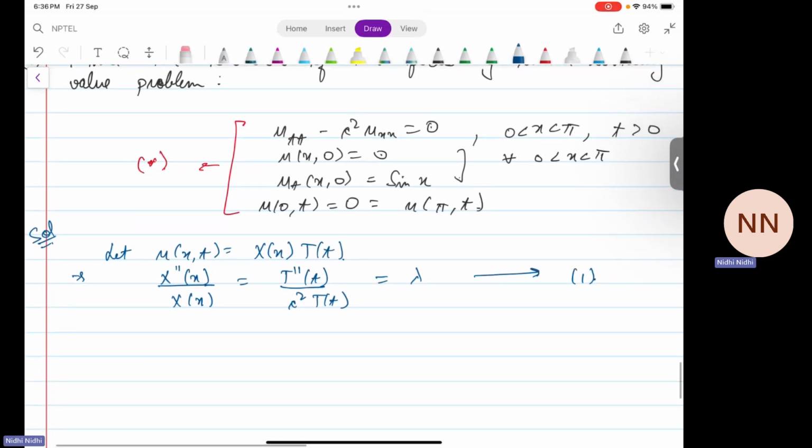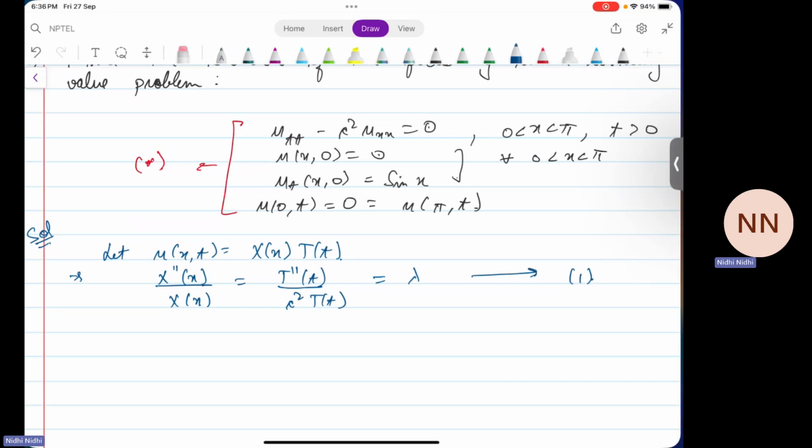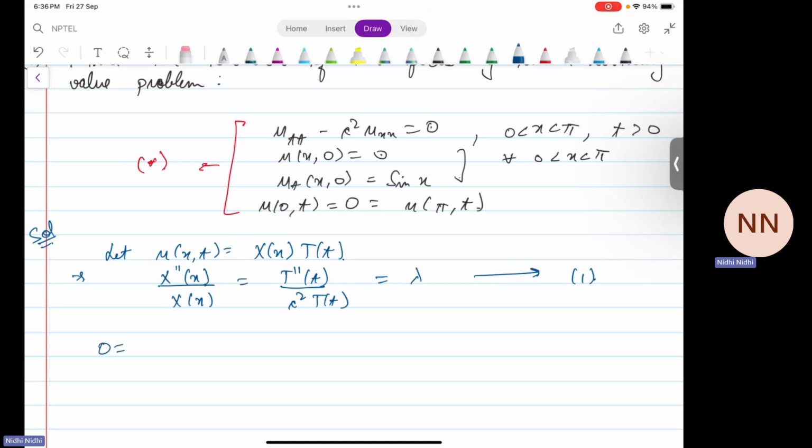And by the initial conditions, we have 0 is equal to u(x,0), which is X(x)T(0) for every x. That will give us T(0) is 0. I will mark it as number 2.